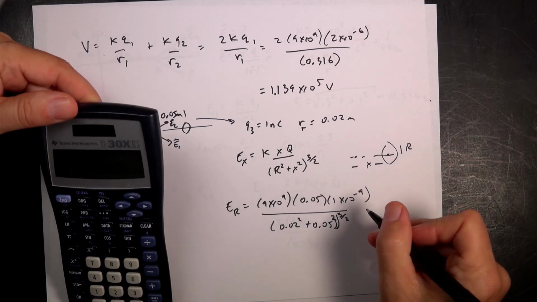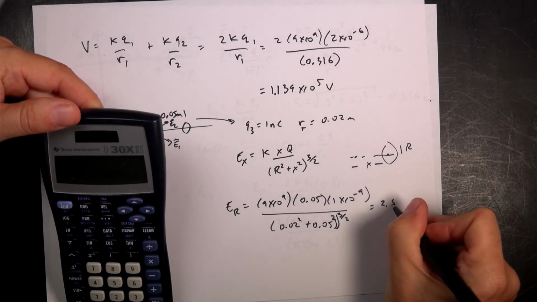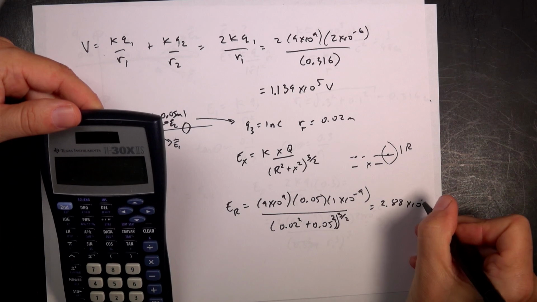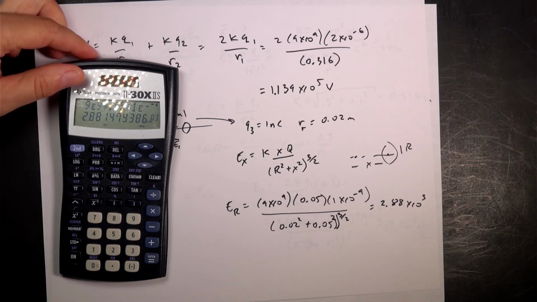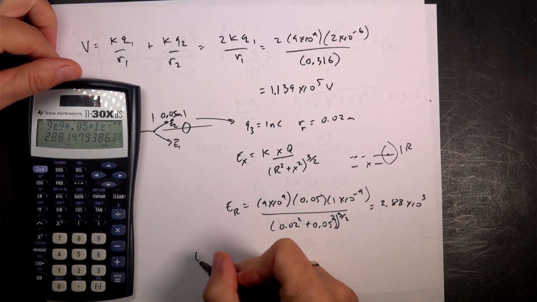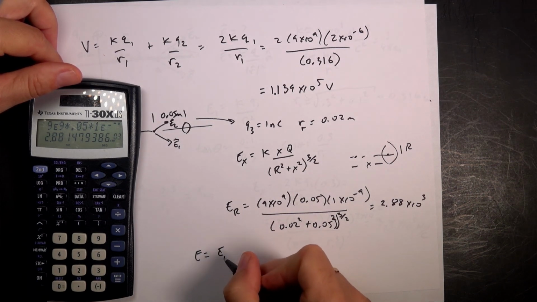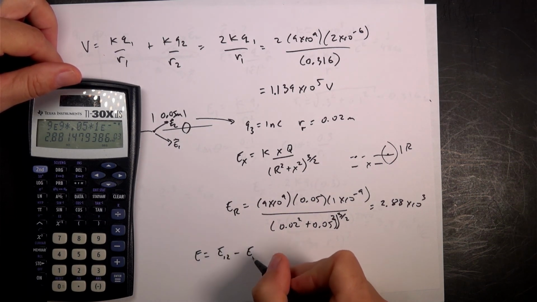And I get 2.88 times 10 to the 3rd. But that's in the negative x direction. So now my total electric field, E, is going to be E12 minus ER.